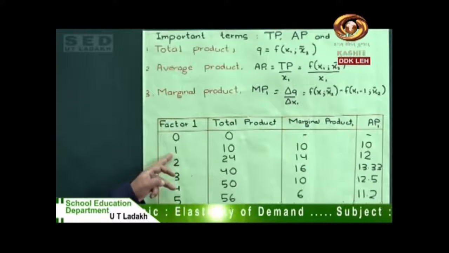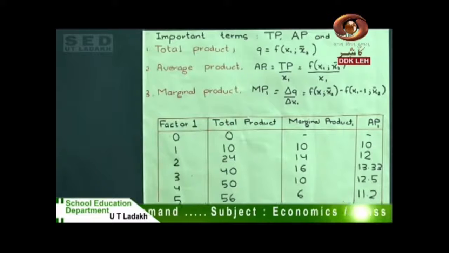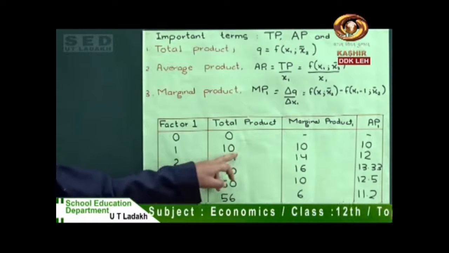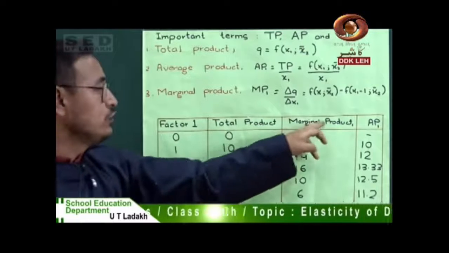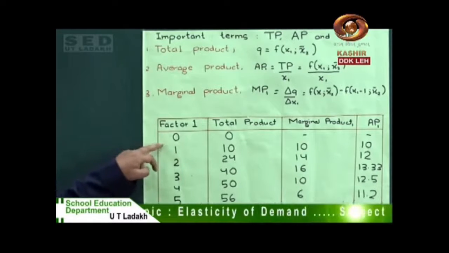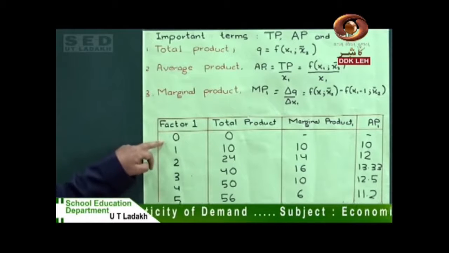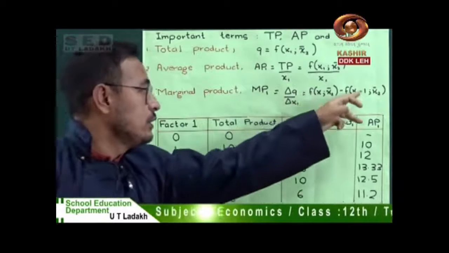Now I am using 1 labor. So 1 labor, how much will be his production? His contribution will be 10. So total production is now 10. Now second thing is your marginal product. Marginal product means how much is the contribution of this additional variable factor. So here I did subtraction.